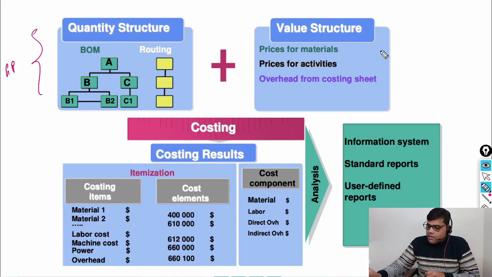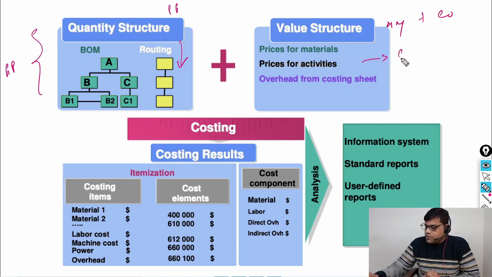Once the MM is integrated. So this is your PP, this is your MM. Once both of these are integrated with CO, then the material price will be calculated. Activity, again routing. This is for your activity routing. Once it is there, the price for activities will be calculated with CO. So basically it is CO and PP integration. Then overhead, which is surcharge cost, also we know. That will be calculated as a part of your CO module.